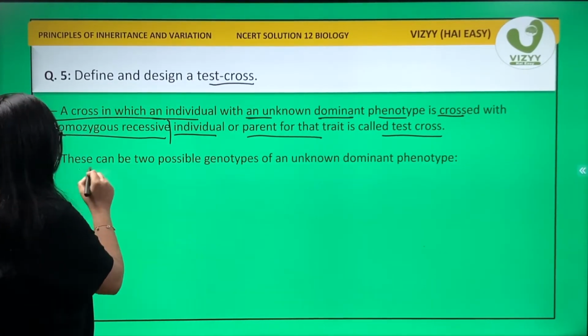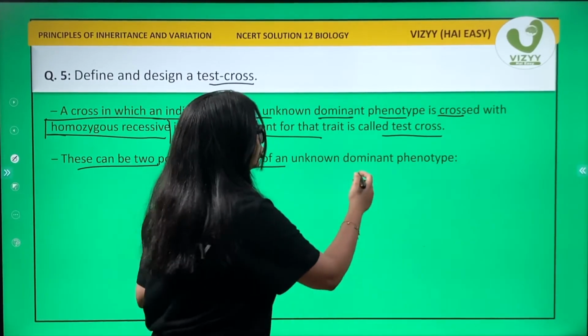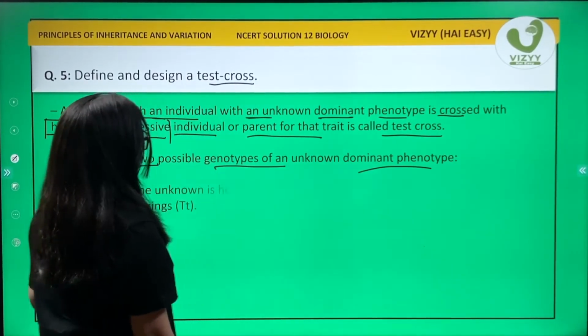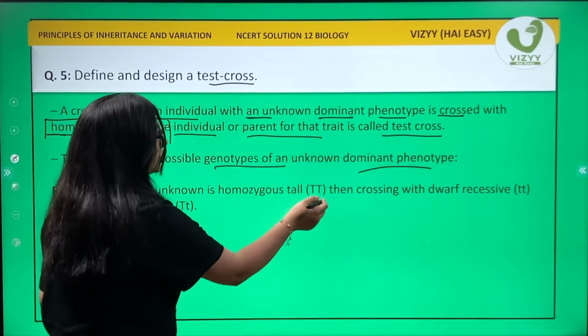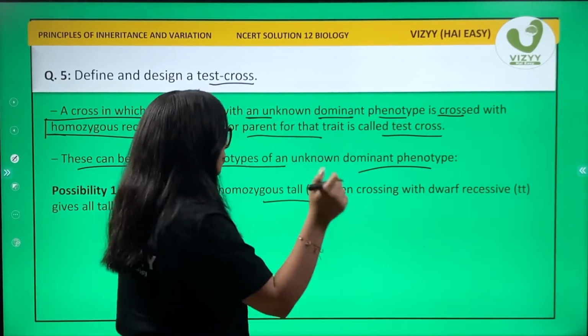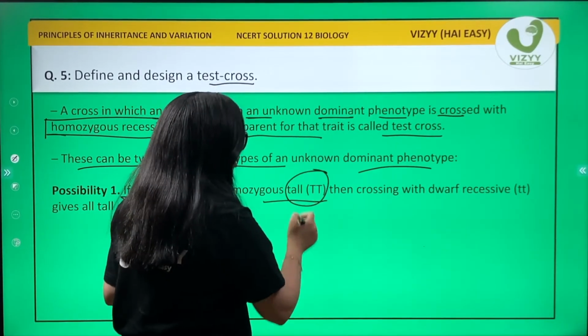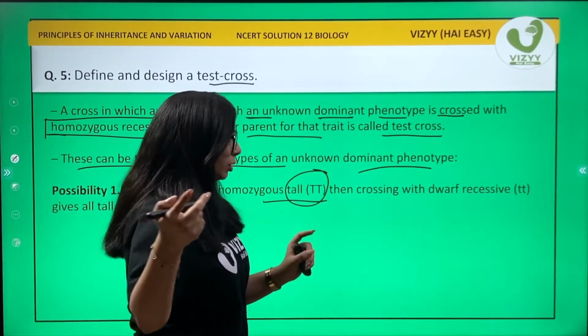So, there can be two possibilities for the genotype of an unknown dominant phenotype. Now, we know the unknown is either homozygous tall or heterozygous tall.